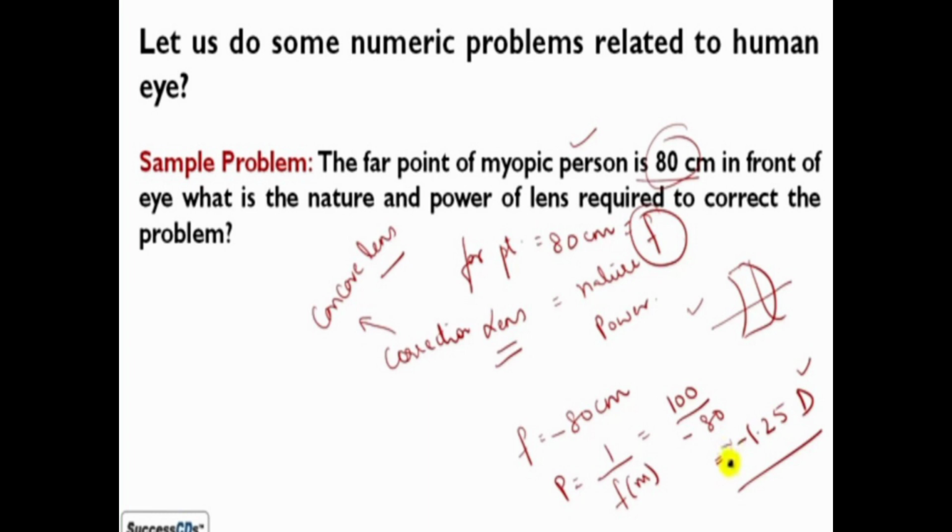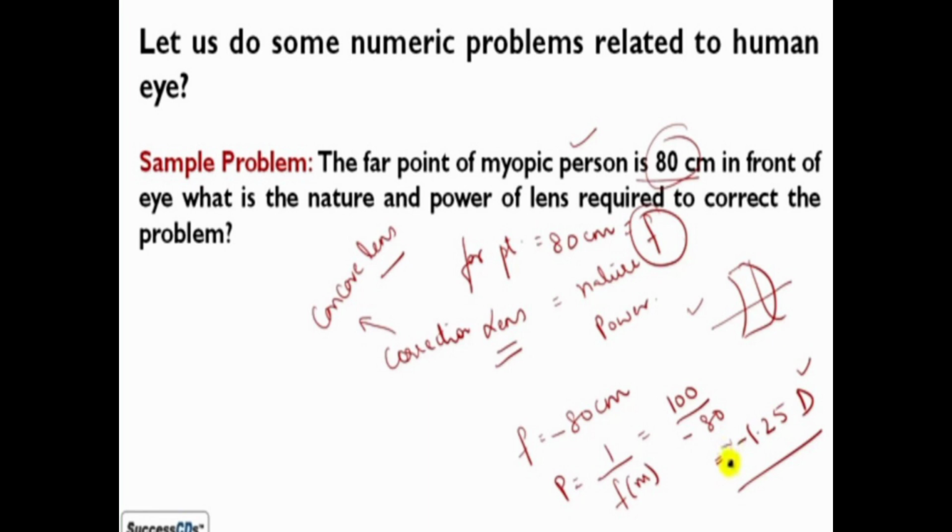Focal length is 80 centimeter. Myopic person means the person has myopia. So, to correct that eye defect, which lens is required? Obviously, we require a concave lens. So, the nature of the lens is concave. So, one question is solved.